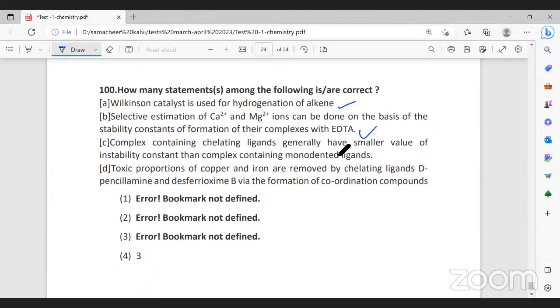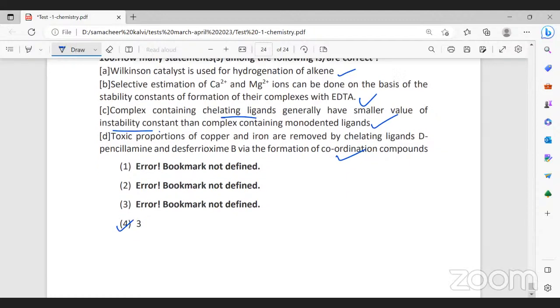Complexes containing chelating ligands generally have smaller value of instability constant than complexes containing monodentate ligands. So complexes containing chelating ligands are highly stable. They have smaller instability constant. Therefore, this is also right. Toxic proportions of copper and iron are removed by chelating ligands, D-penicillamine and desferrioxamine, via the formation of coordination compounds. This is also right. So therefore, the answer for this question is option 4.